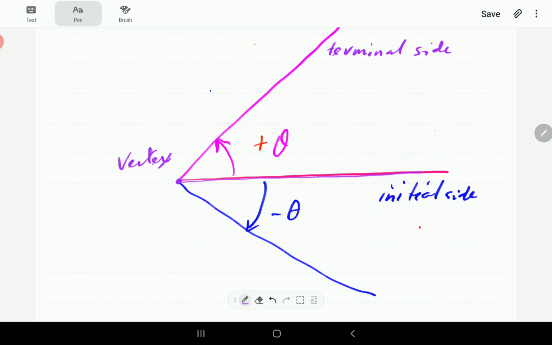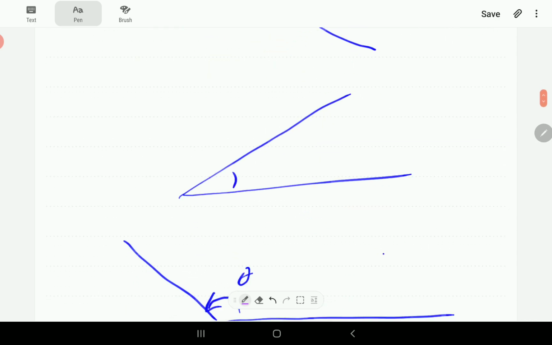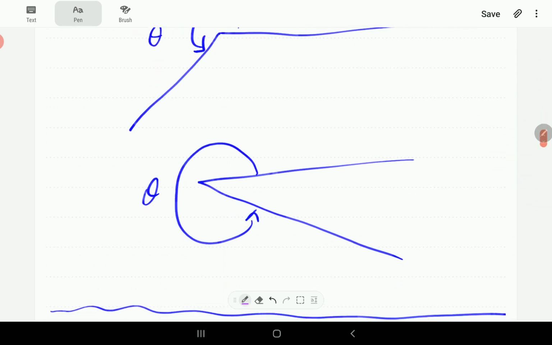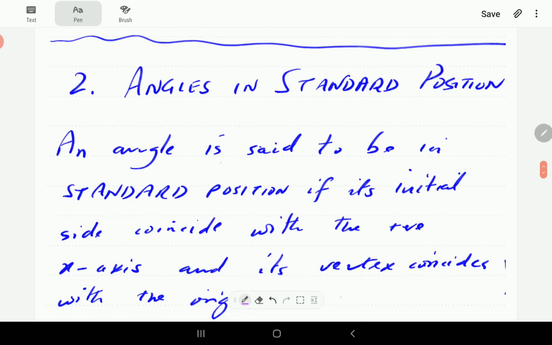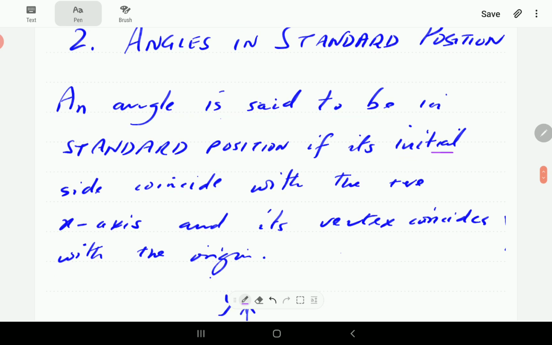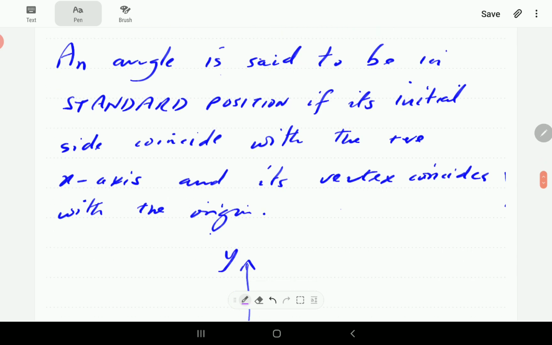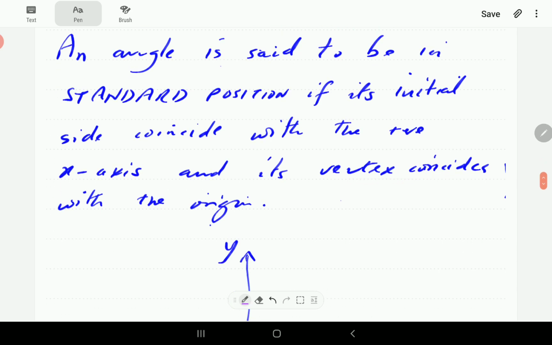So that's the initial side, and that's the terminal side, and the point where they meet is the vertex. That's the vertex of this one, etc. Now, an angle is said to be in standard position if its initial side coincides with the positive x-axis and its vertex coincides with the origin.